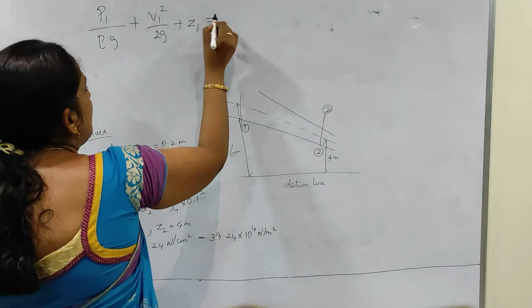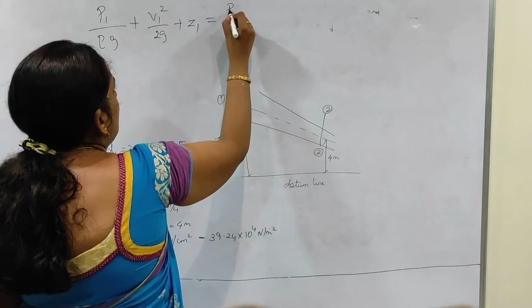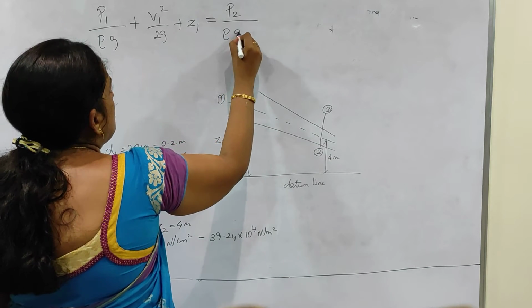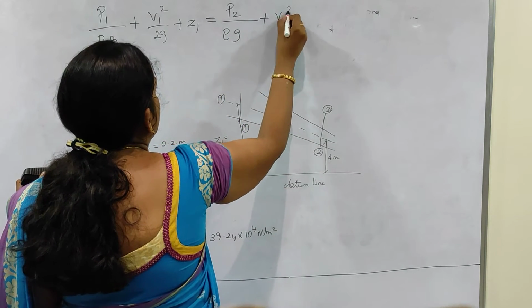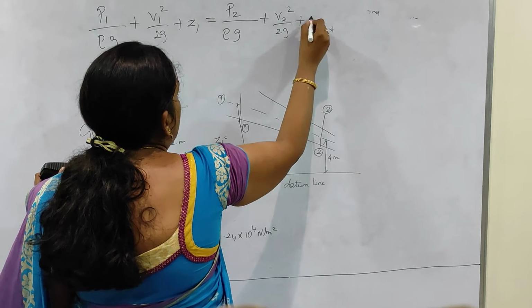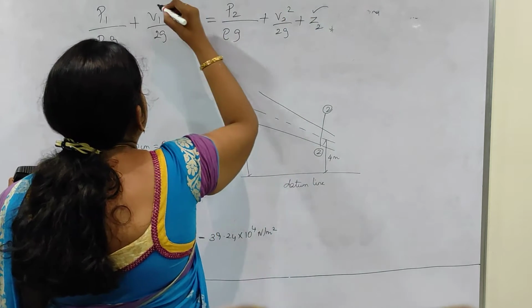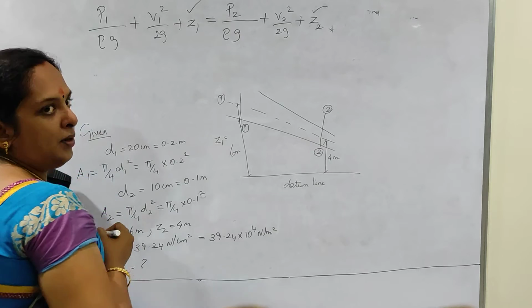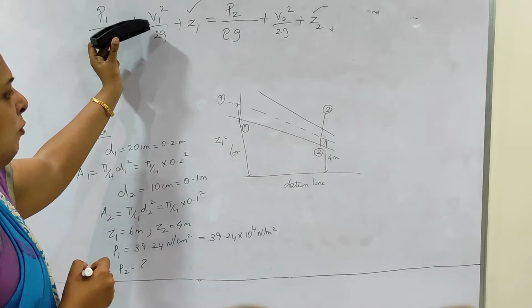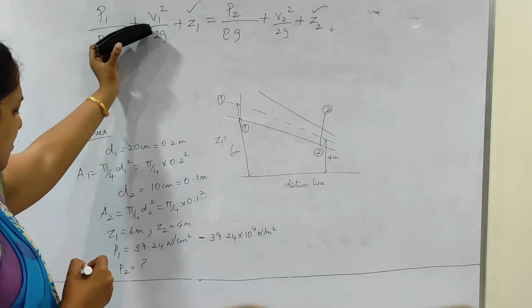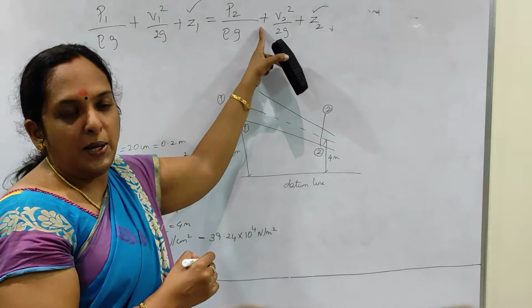So at section 1-1, P1 by rho g plus V1 square by 2g plus Z1 will be equal to that at section 2-2, P2 by rho g plus V2 square by 2g plus Z2. I know what Z1 and Z2 are. I have to know the velocity at this place as well as the velocity at this place.